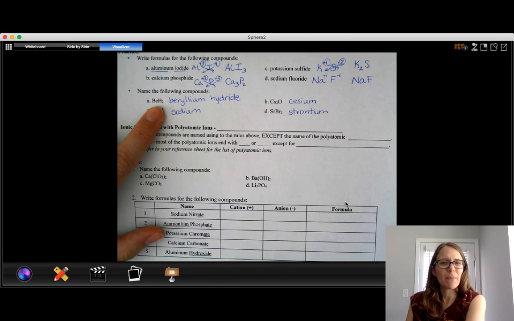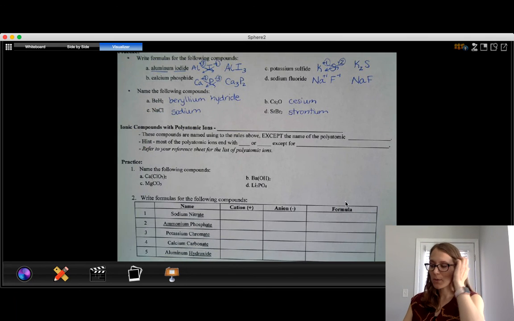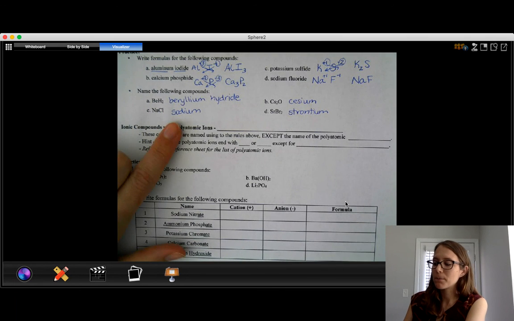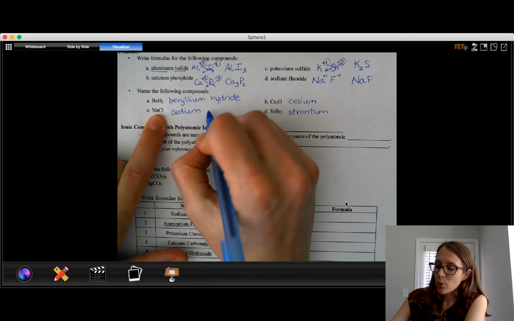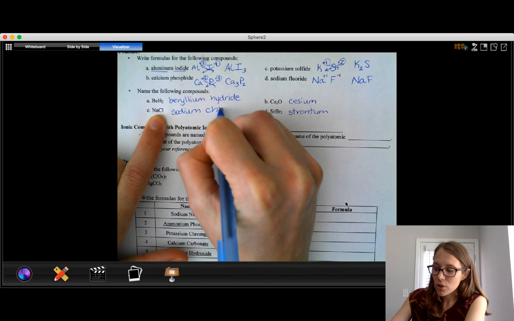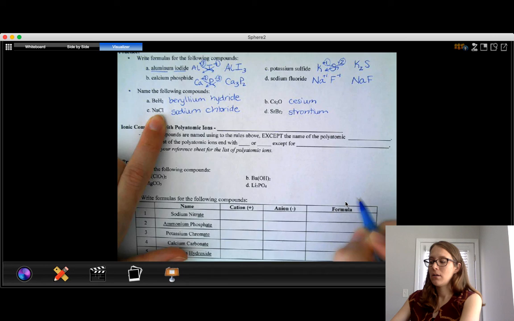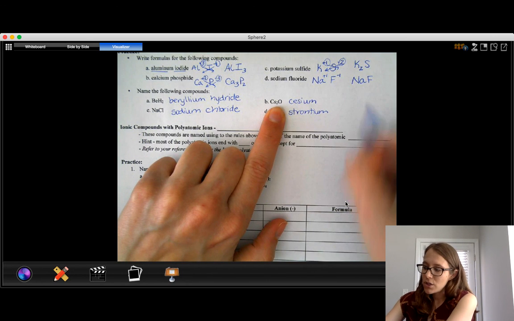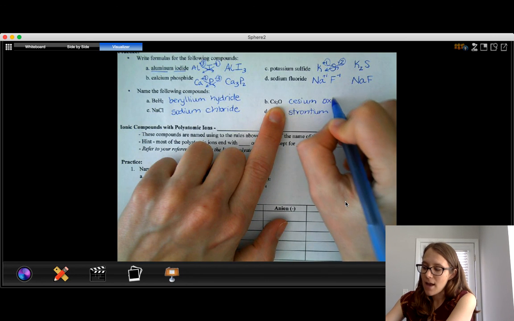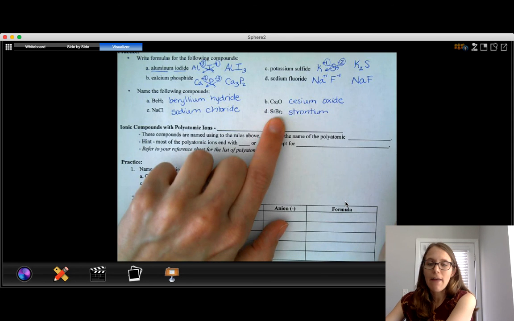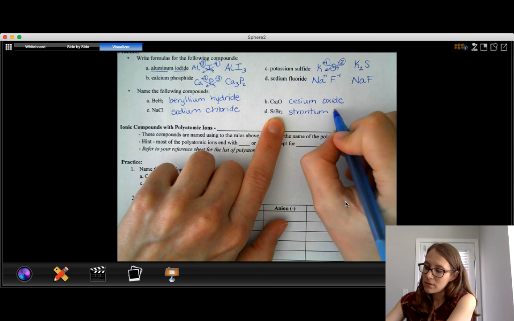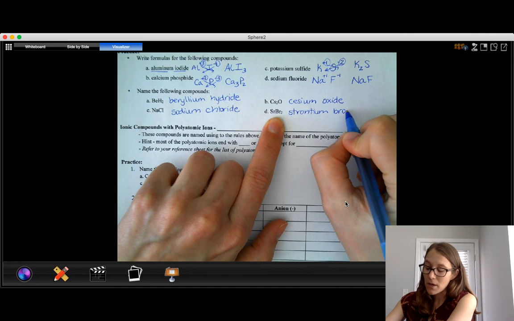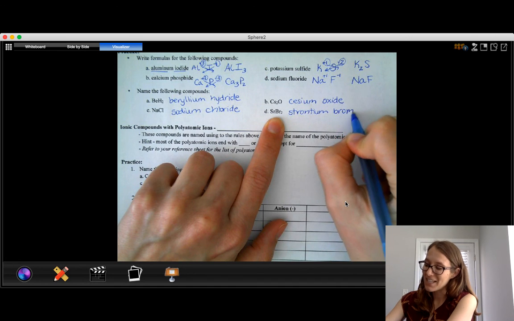For the most part, we don't have two vowels in a row, so we don't say hydroide. Chlorine gets changed to chloride. O is oxygen, which got changed to oxide. And Br is bromine, which we change to bromide.